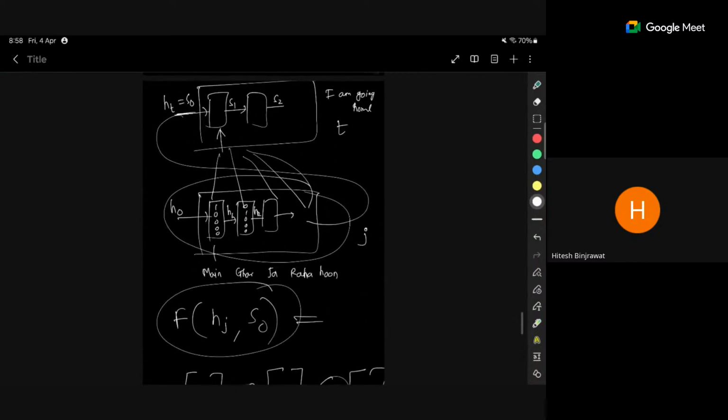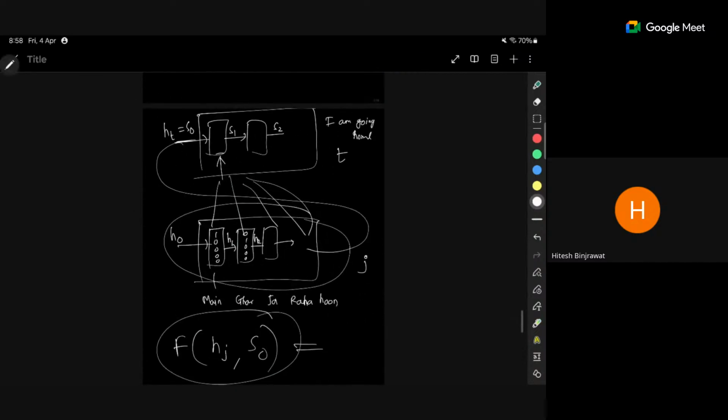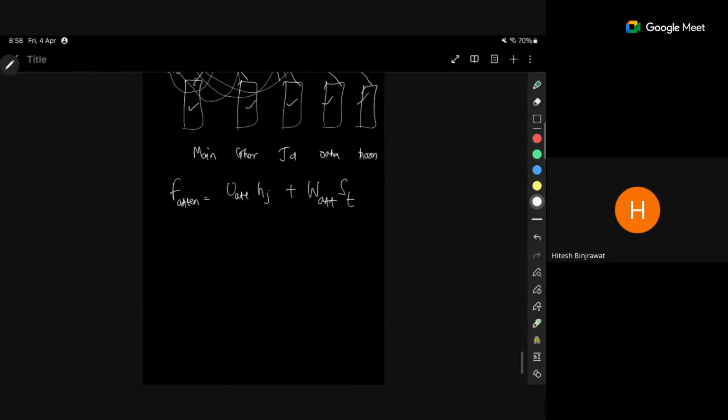If I'm finding my attention here, then only S0 will go, and all 5 HJs will always go. When I compute attention at the next step, all 5 will go, but only S1 will go there. And plus some bias you can choose.